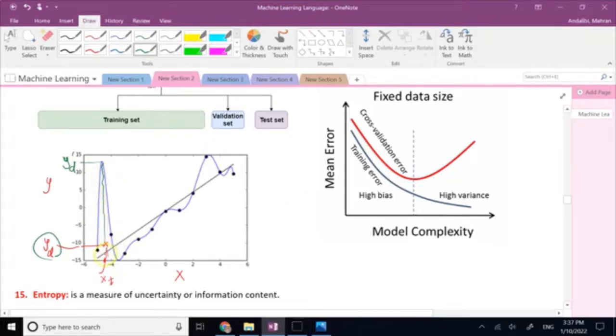While if I use the line instead, instead of this green circle prediction, I would have this green triangle prediction. Look at that from the line. And that gives me this y desired. So which one is closer to the actual one? Definitely the one in the line.